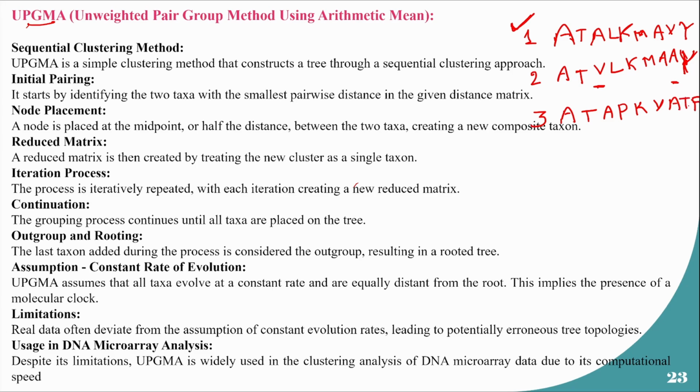Okay, so let's see this one, 1 versus 3. How many mismatches are we getting between 1 versus 3? So the last one is F, phenylalanine. What is the distance between 1 and 3? How many mismatches are we getting here?